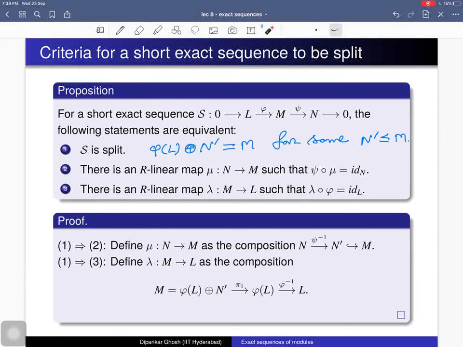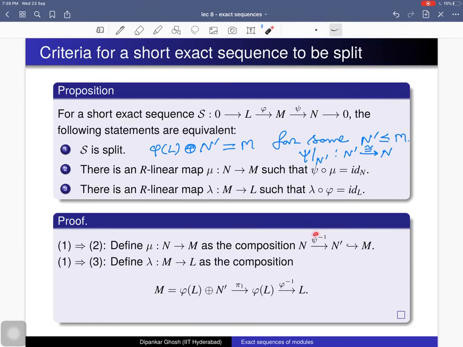We have already proved that in this situation it is equivalent to say that if you consider the restriction map psi restricted to N prime, then this map is an isomorphism. That means the inverse of this map makes sense.